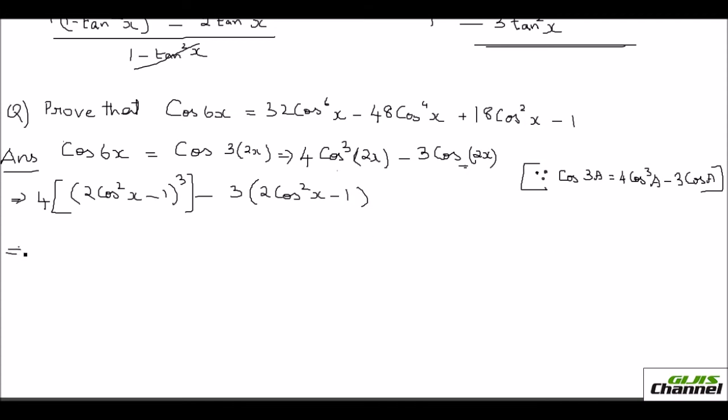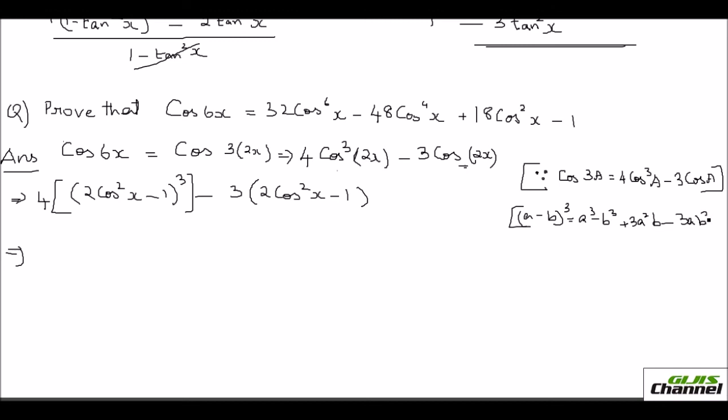Next, this is in the form a minus b the whole cube. So what is the a minus b the whole cube formula? In algebra you would have seen, you have done that. Algebraic identities it is. So this will be a cubed minus b cubed plus 3a square b, minus 3ab squared.